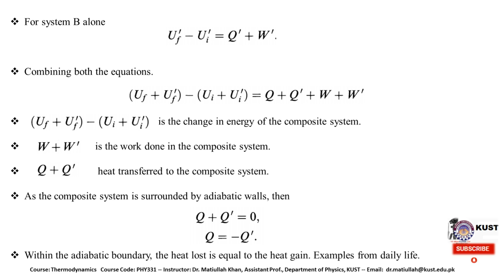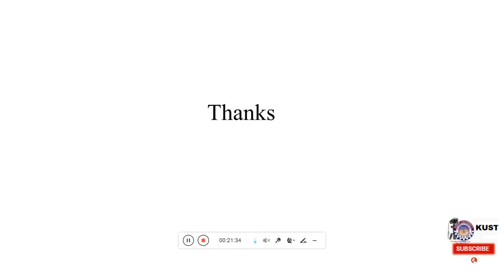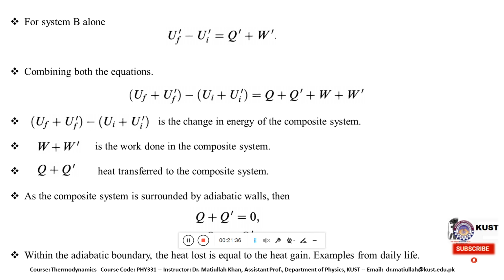Similarly, there are many examples from our daily life which prove how heat is transferred between different objects. So this was something about the mathematical form of the first law of thermodynamics.